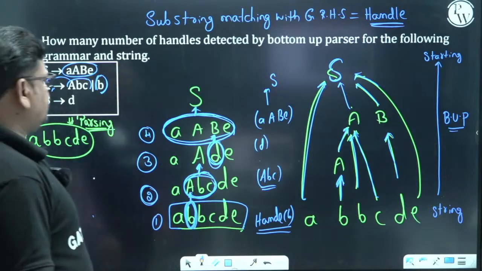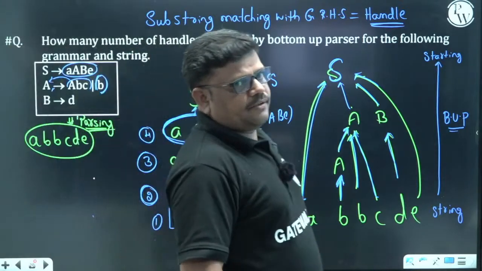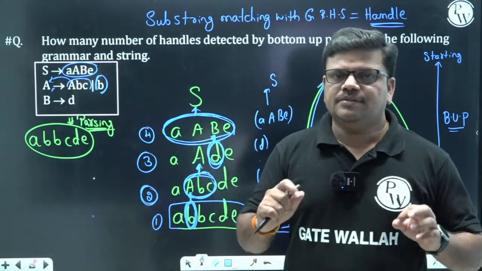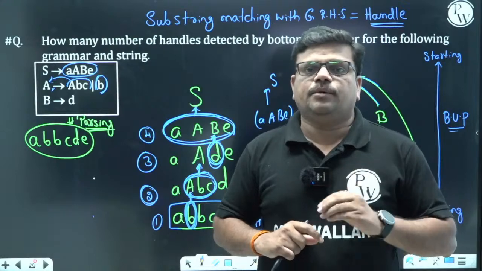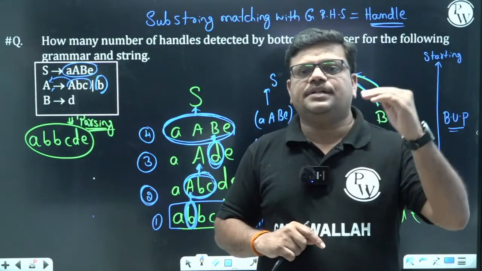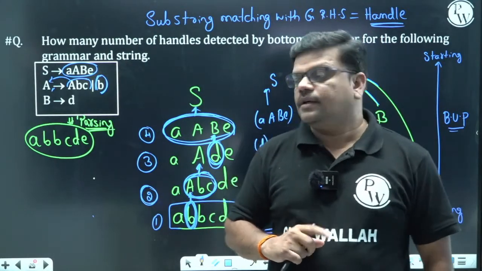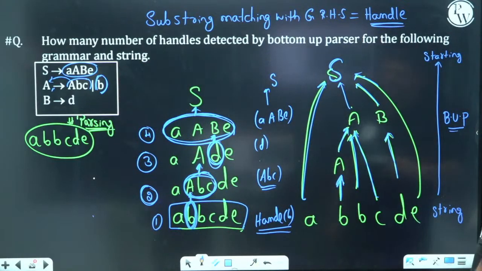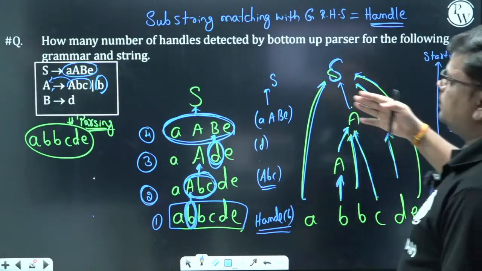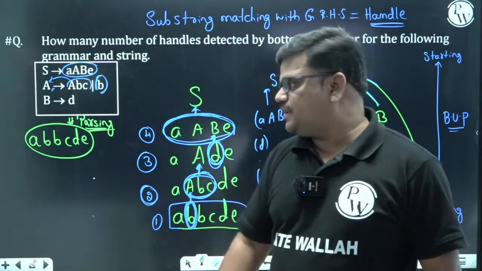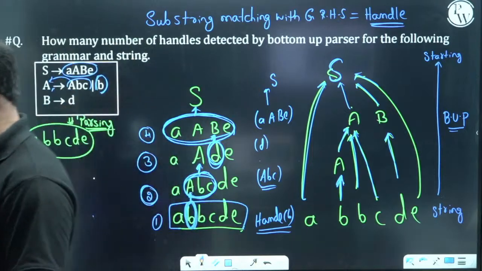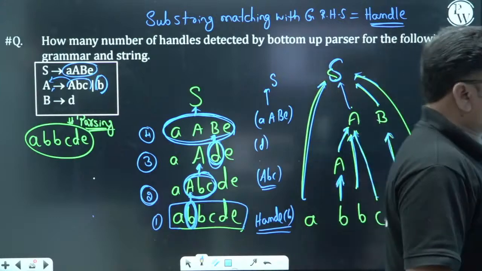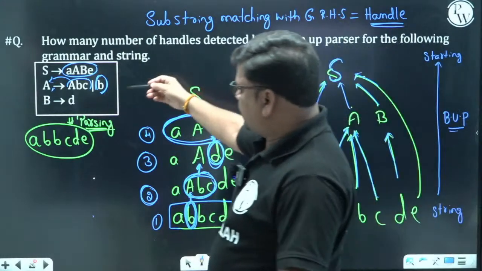Like this, there is a possibility of getting a question, a many times asked question from this. Whenever we are doing bottom-up parsing, how many handles are detected by the bottom-up parser? Assume we have something like this. How many handles are detected by the bottom-up parser for the following grammar and input? Same grammar and same input.